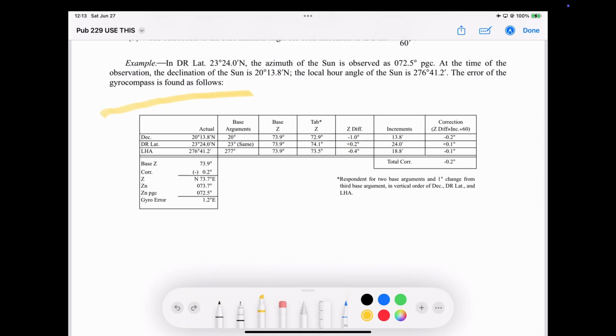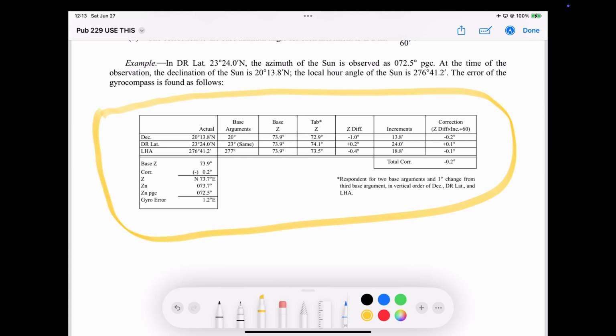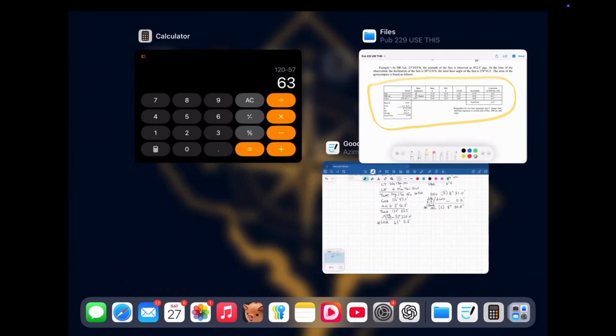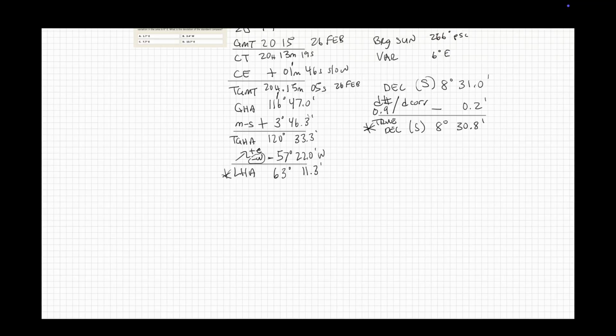And this is the table we need. So let's take this table over to our page and create it. We have contrary or same. I'll circle one of those in a second once we figure it out.